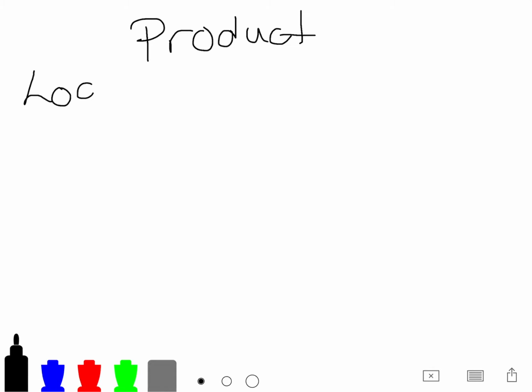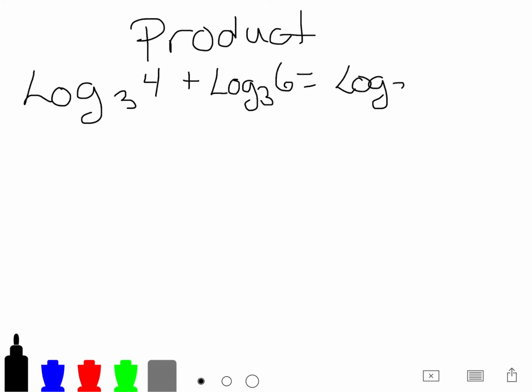So log base 3 of 4 plus log base 3 of 6 equals log base 3 of 24, because 4 times 6 is 24. Okay?